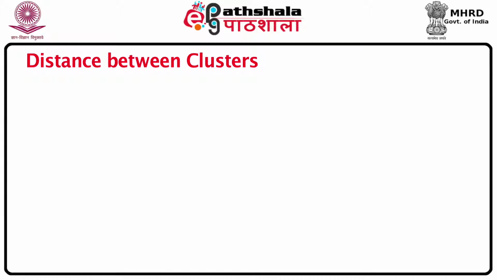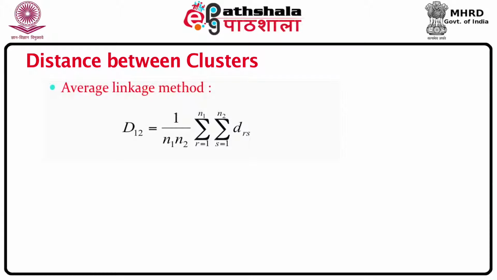A third method which is used is the average linkage method. In this case, we take the average of all distances between the n1 individuals in the first group and the n2 individuals in the second group. So it's a sort of averaging over all possible distances between the individuals in the two groups.